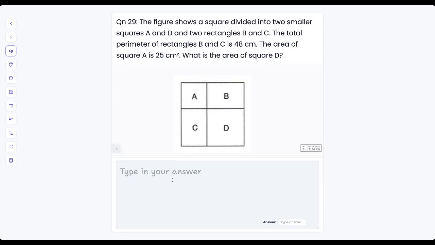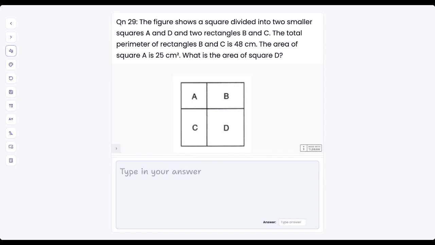So that means, to get one side of a square, it is basically what times what. I mean, you can guess.